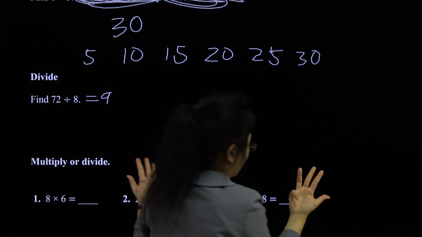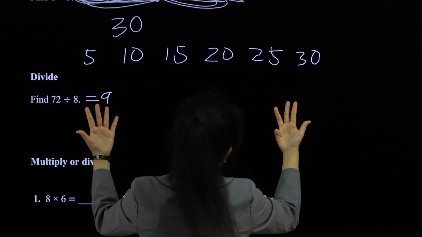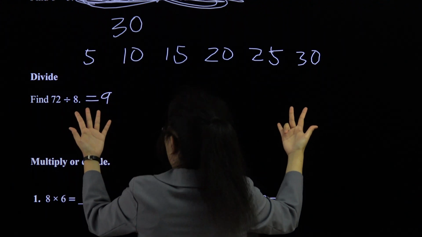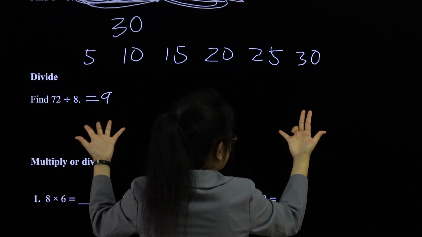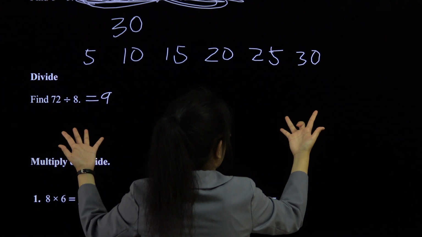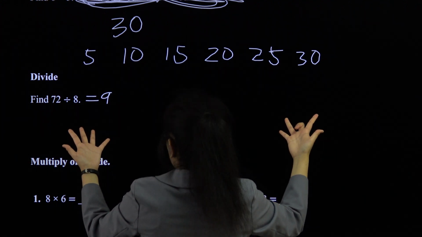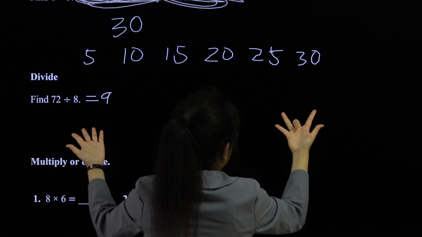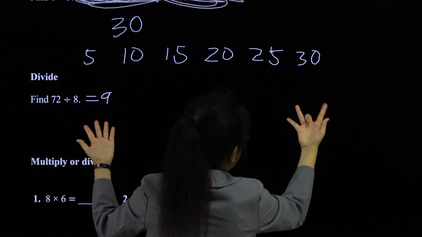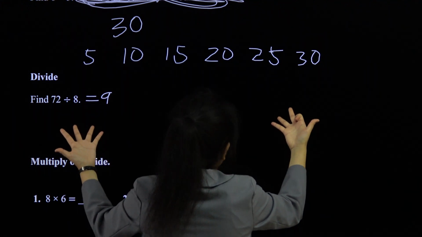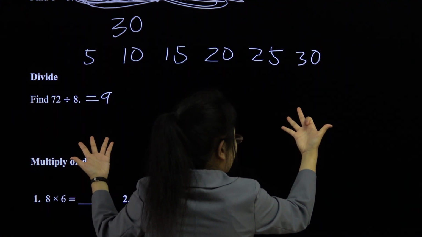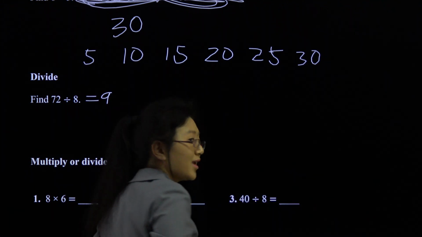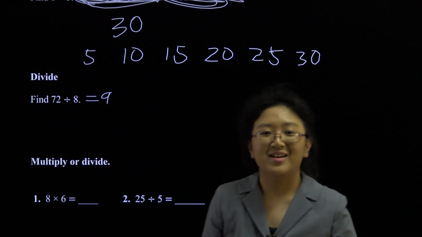Keeping your fingers down like this is harder than it looks, okay? Equals 54. 9 times 7 equals 63. 9 times 8 equals 72. 9 times 9 equals 81. 9 times 10 equals 90. Cool trick, right?